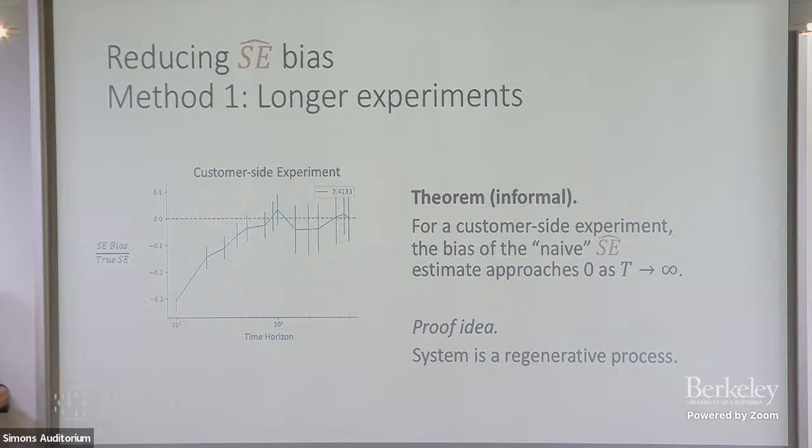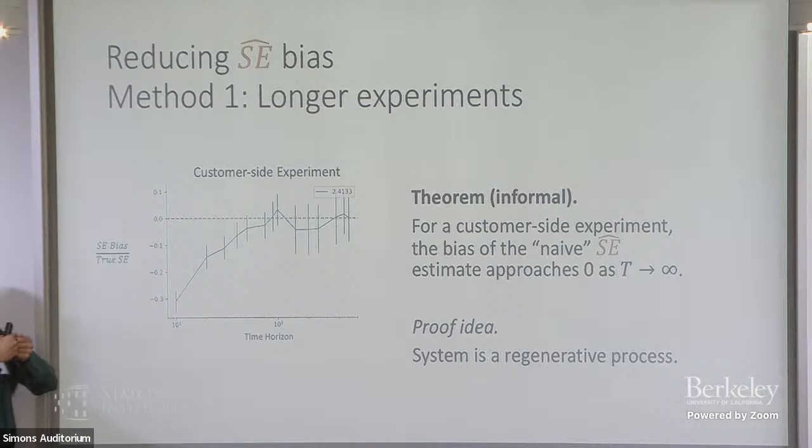What this means in mathematical language is that this system is a regenerative process. This Markov chain is a regenerative process, and you can think of it as consisting of independent chunks in time. These chunks are defined by when the Markov chain hits a certain state of the system again. For example, say there are 100 listings in the market, and it replenishes whenever you hit 100.